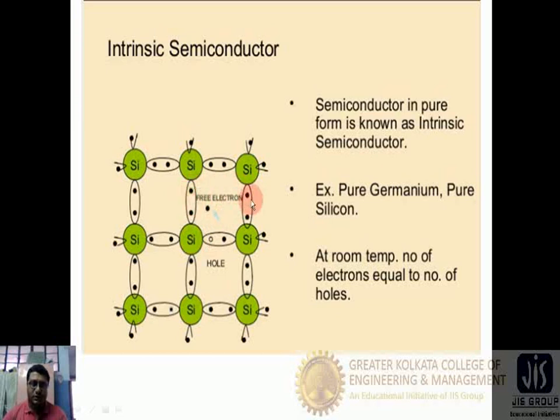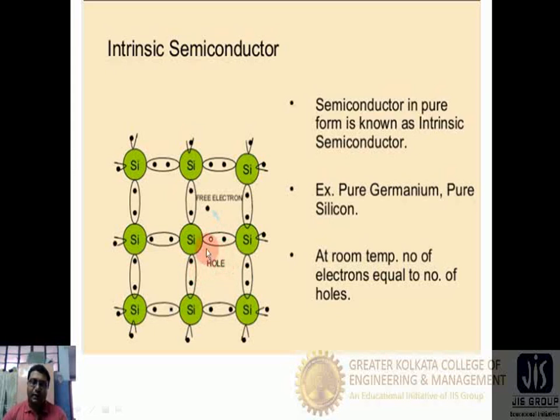You can see the free electron which breaks out from this covalent bond, and there will be a gap of electron. This gap is known as the hole, or the deficiency of the electron.